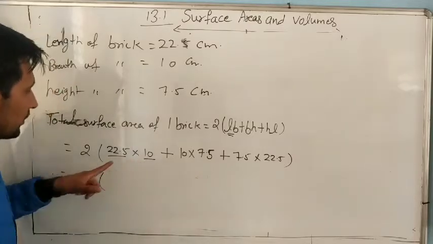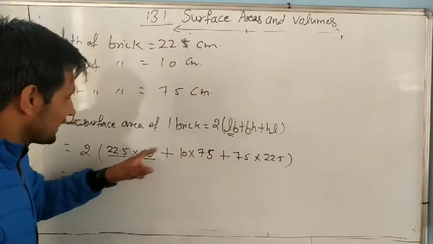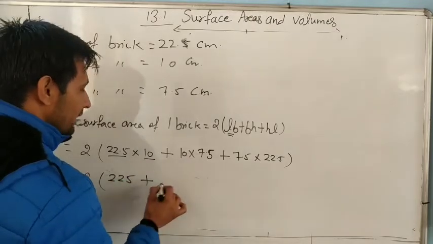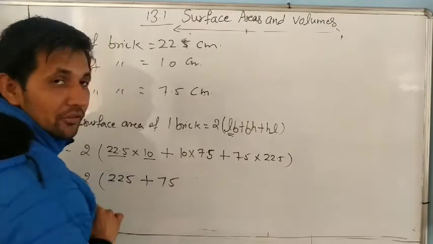Now 22.5 into 10. First we remove the decimal. 10 cancels with 10, so it is 225, plus again removing the decimal, 75.